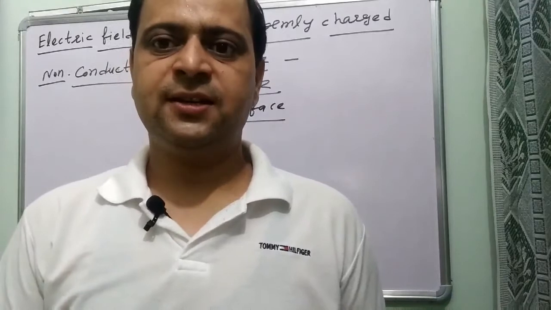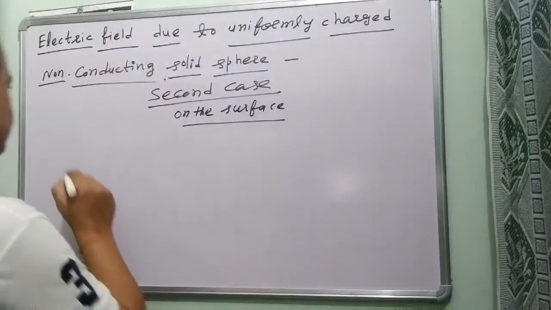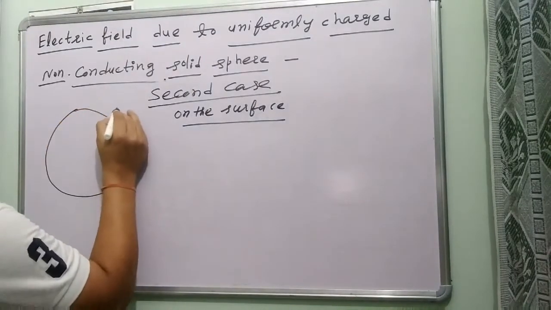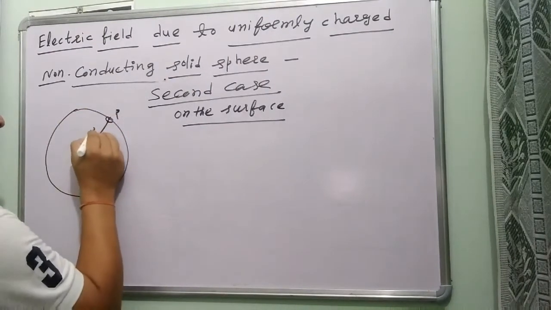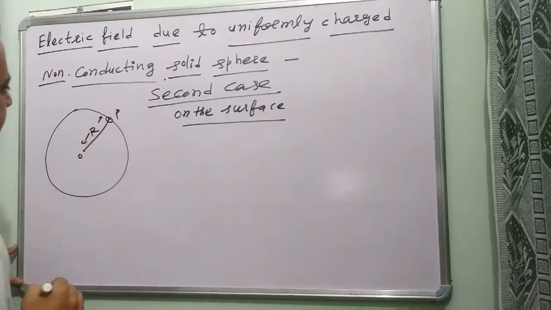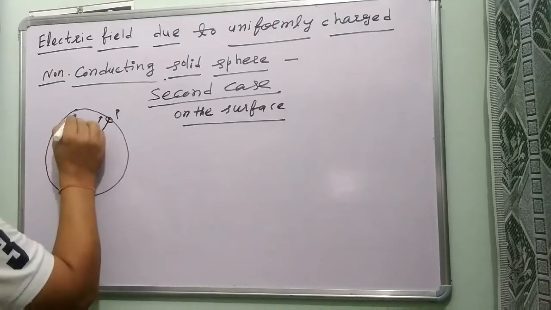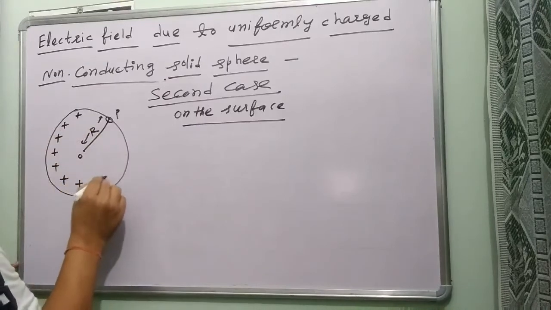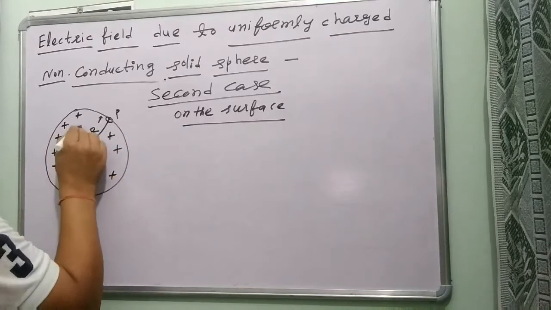Now we consider on the surface. The point P is on the surface. P has distance from the center R, because this is the radius of the solid sphere. Q charge is uniformly distributed in the volume of the solid sphere.